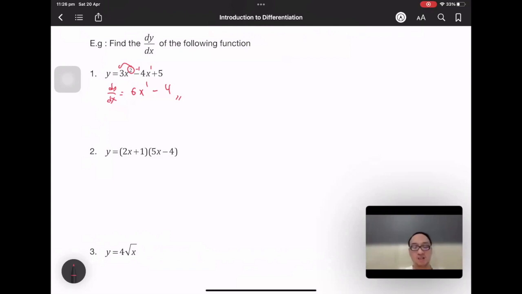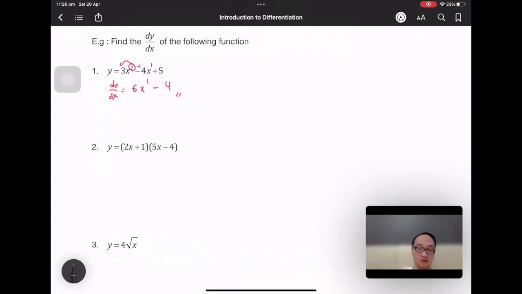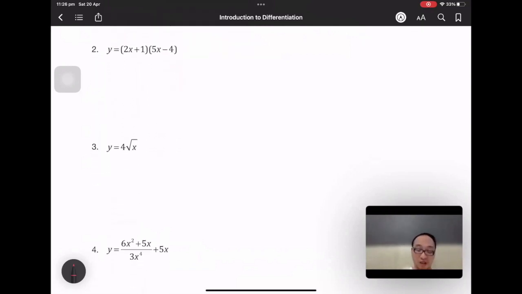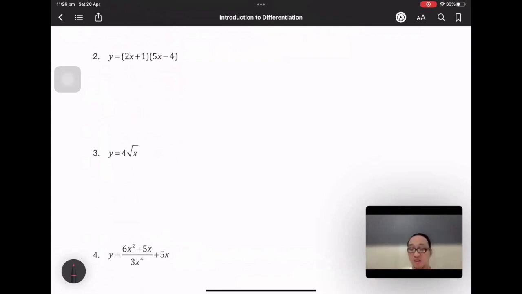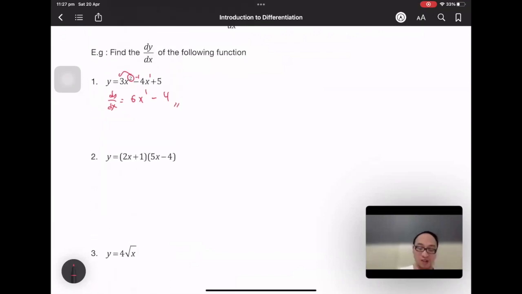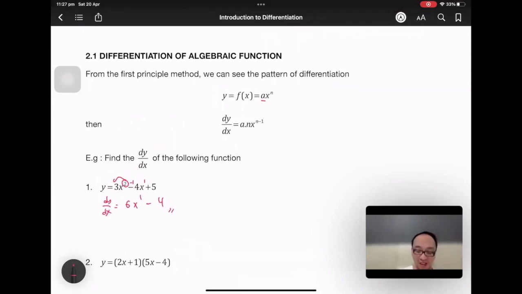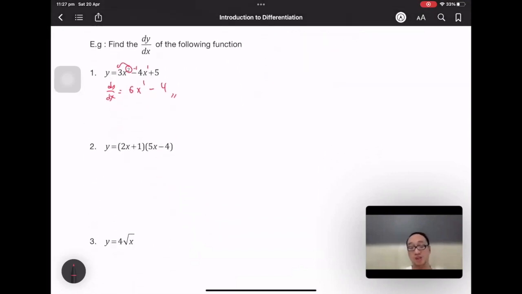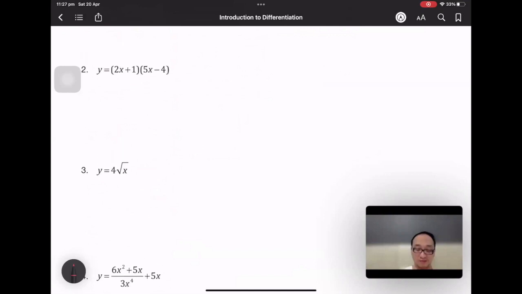Let's move on to different examples. Now find the dy/dx of (2x plus 1) times (5x minus 4). So first, to make this into this form individually, we have to do the expansion.